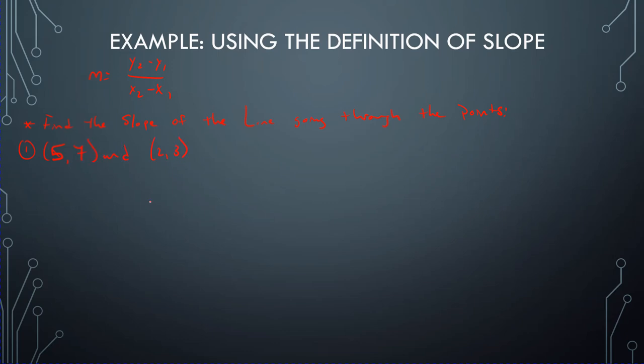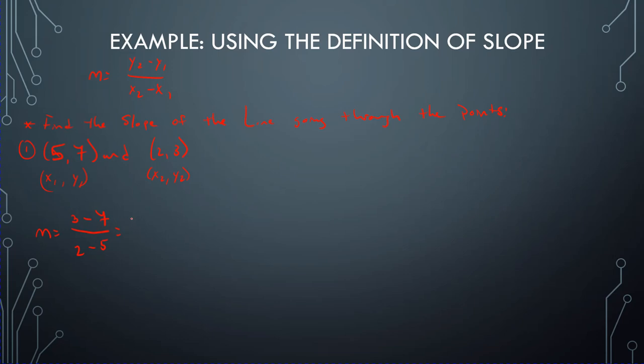So this is my x1, y1, and this is my x2, y2. So slope m is equal to y2, which is 3, minus y1, which is 7, divided by x2, which is 2, minus x1, which is 5.